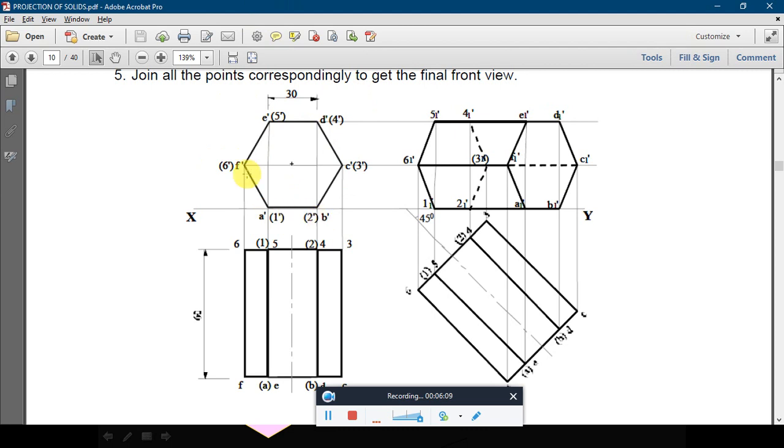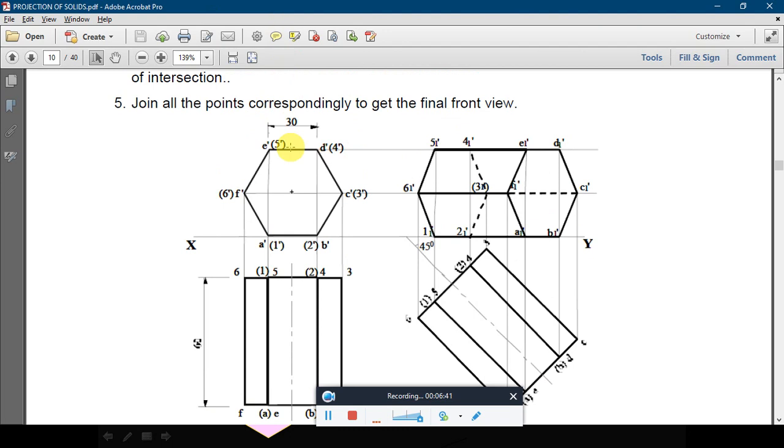Okay, so here f is visible and 6 is hidden. In this case you are able to see e is visible, a is hidden, so written in the bracket. Whereas this one is hidden, whereas this 5 is visible. You can see 6 and f is visible, e and 5 is visible, d and 4 is visible, c and 3 is visible if you are viewing from the top view.